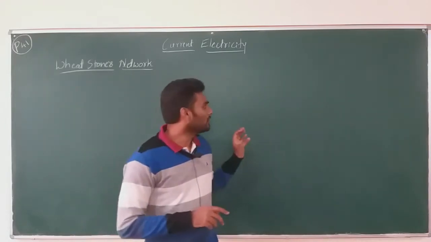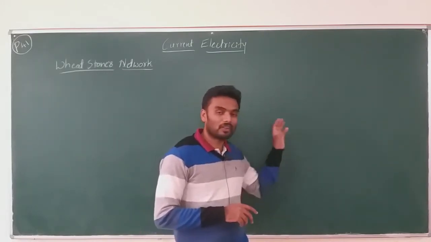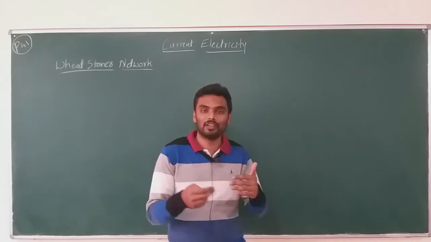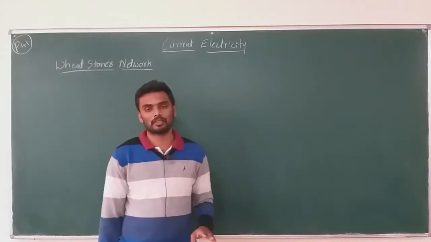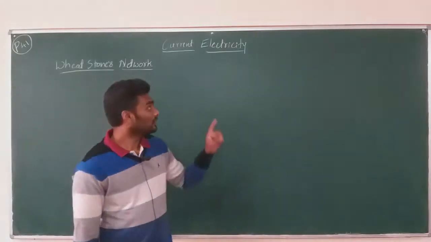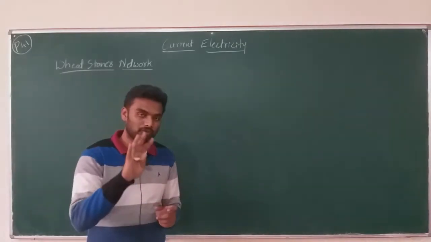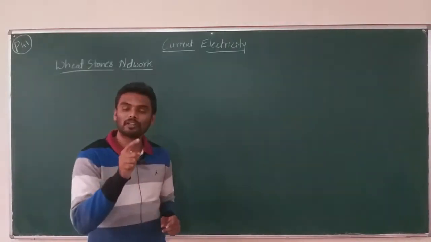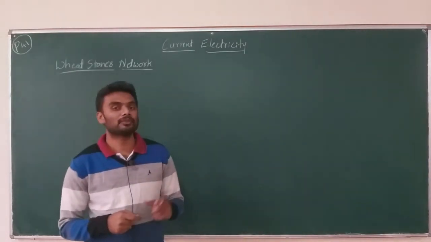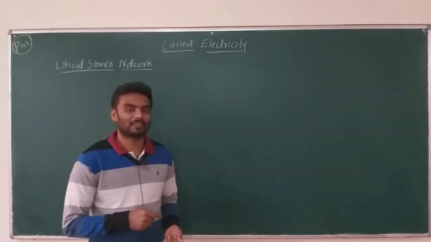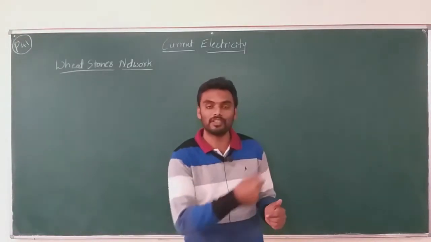Basically, an electrical network is when you put some resistors, some EMFs or cells in a circuit, designed in whatever way you want. Similarly, this Wheatstone's network is a particular network which has 4 resistors, 1 cell, 1 galvanometer. The use of this network is to find the unknown resistance of a resistor out of these 4.